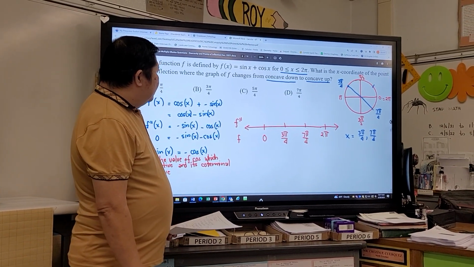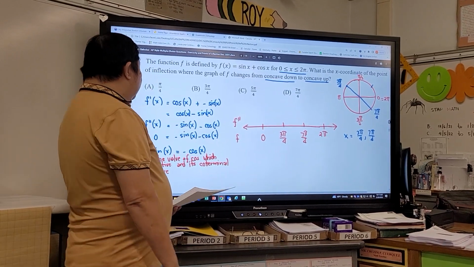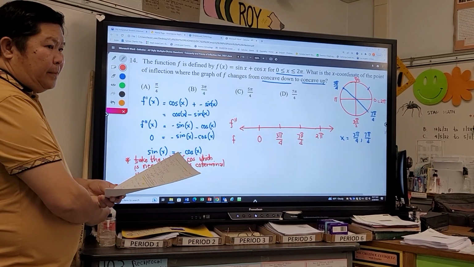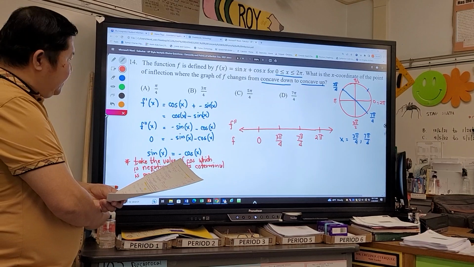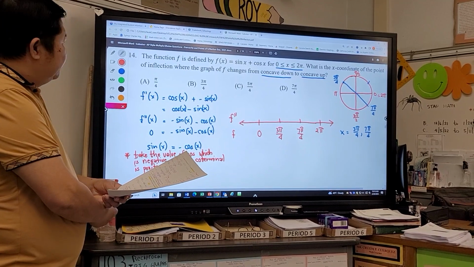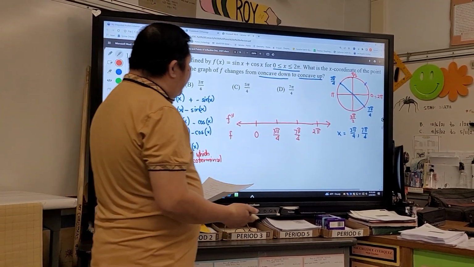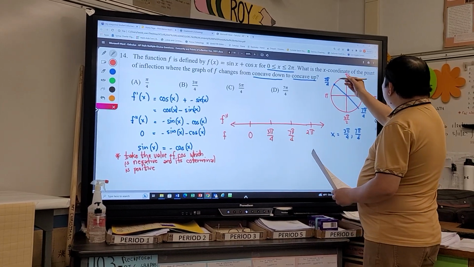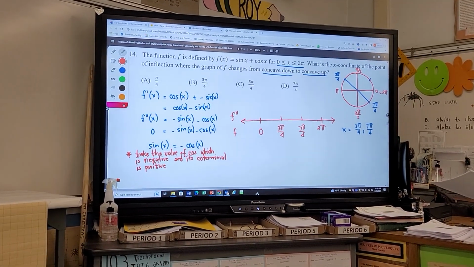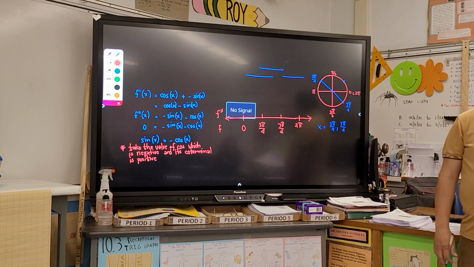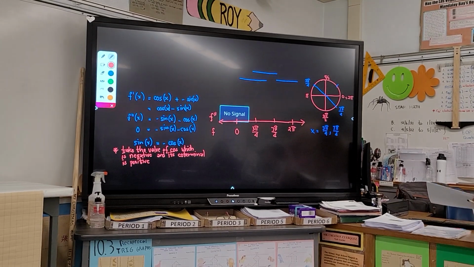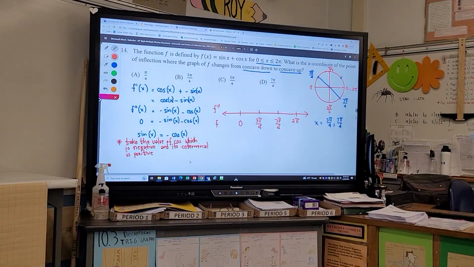From the function, cosine, that means in between 0 and right here, is it a plus or a minus?